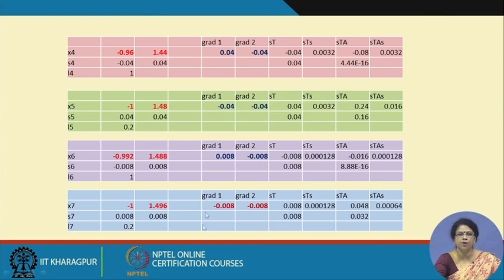Even if we repeat the process, the gradient value will come closer to 0. That is why the symptom tells me that you can stop the iteration here. Probably the approximate optimal solution for this problem is minus 1, 1.5, because I approximated the value.